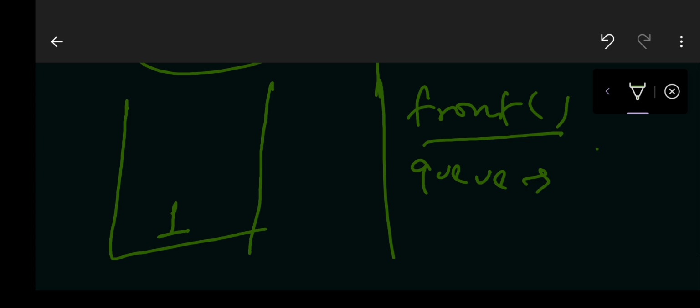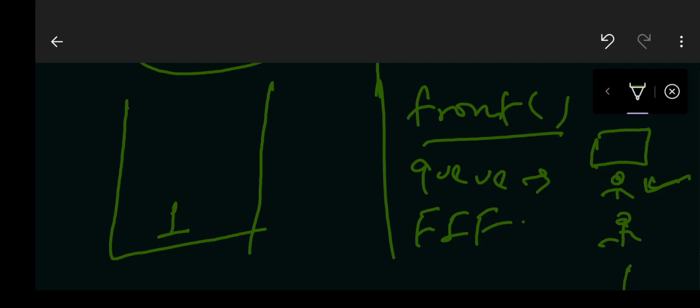The person who reaches the counter first gets out first. So first in, first out. If you had multiple nodes here, suppose 1 2 3 4, and I ask who is going to get out first, you will say 1, because 1 came first.